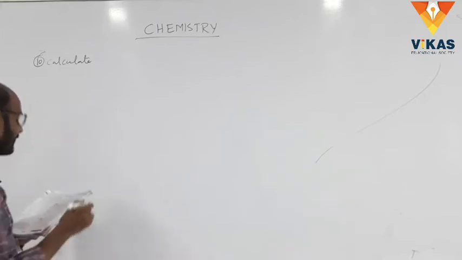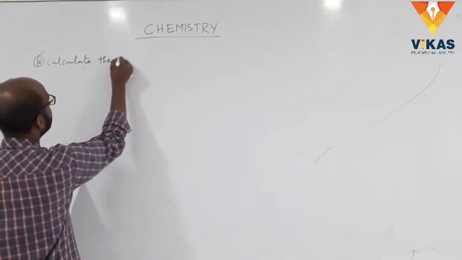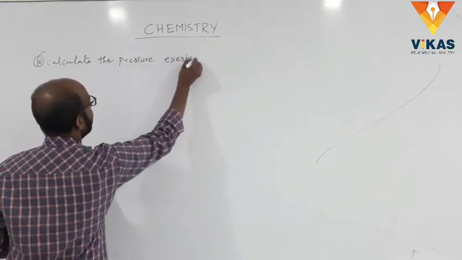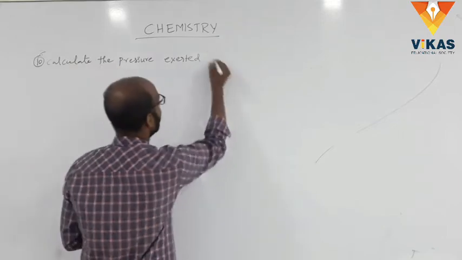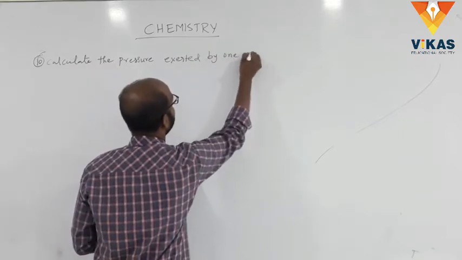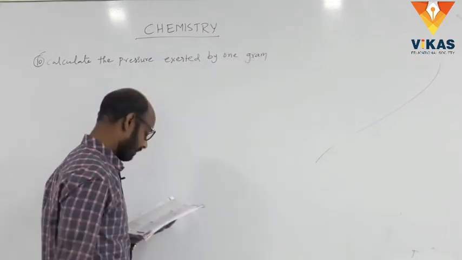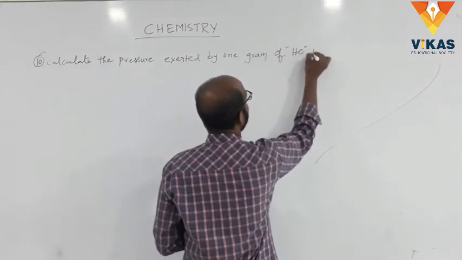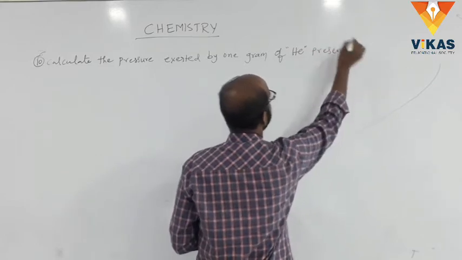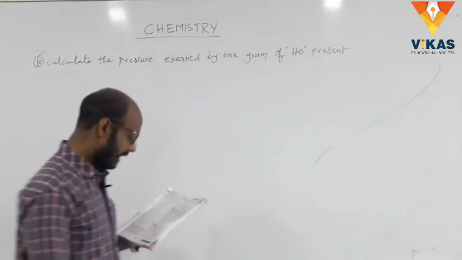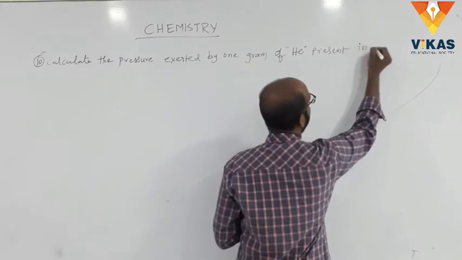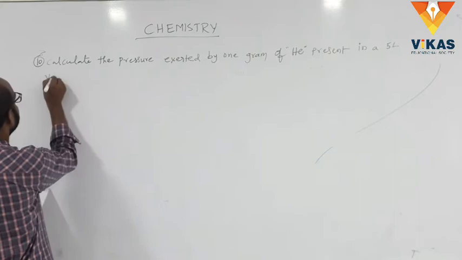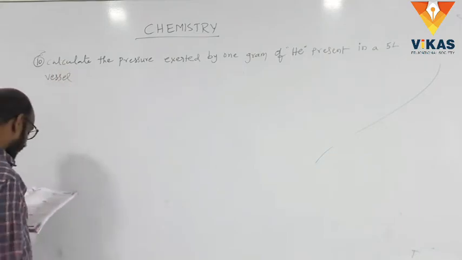Calculate the pressure exerted by 1 gram of helium present in a 5 liter vessel at room temperature.